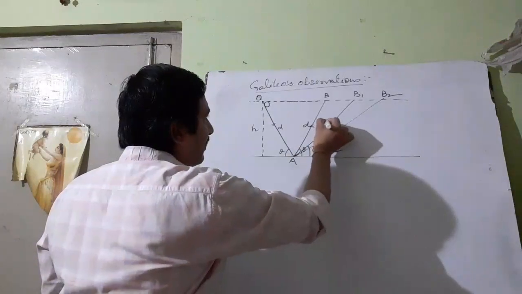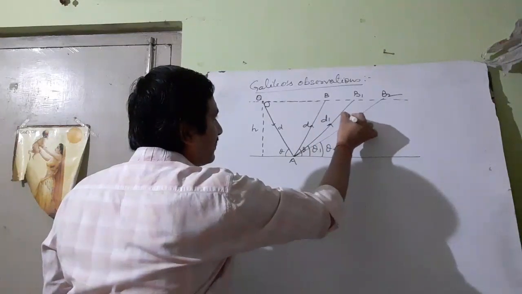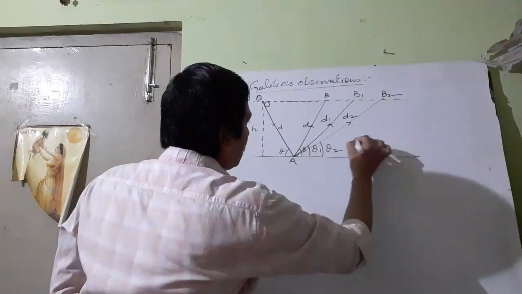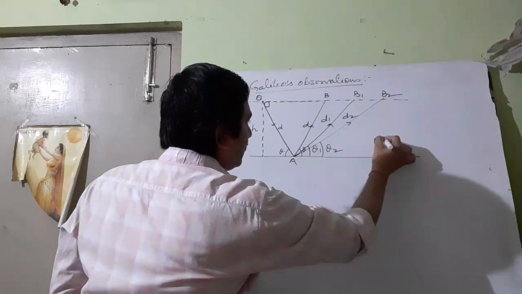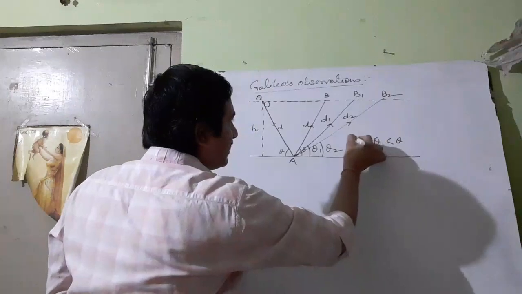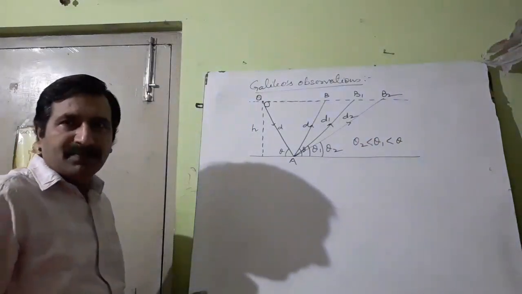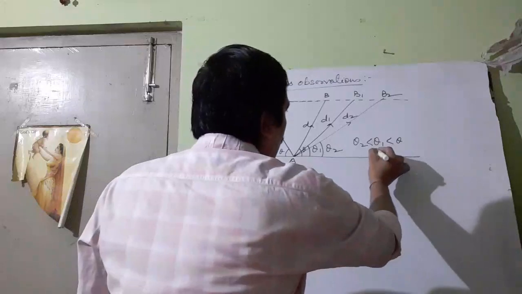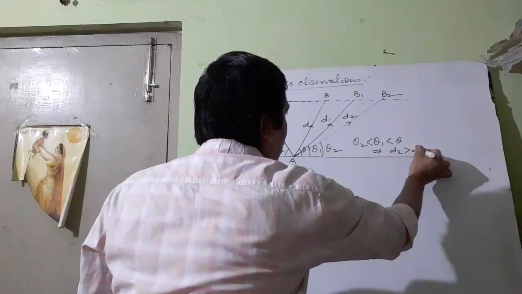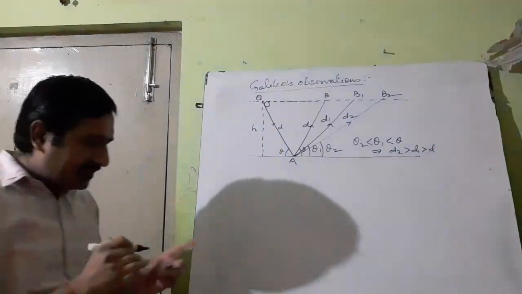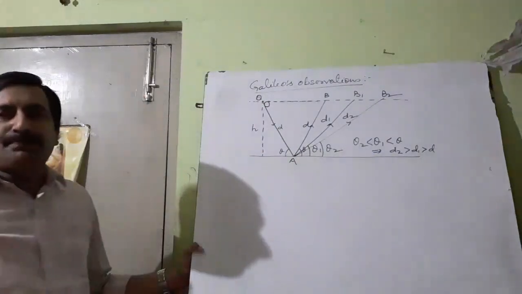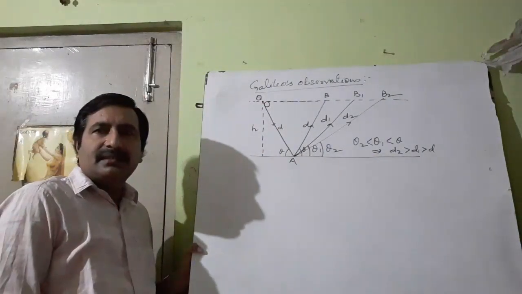Suppose the distance travelled in this case is d1 and in this case d2. You can observe that theta 1 is less than theta and theta 2 is less than theta 1, while d2 is greater than d1 and d1 is greater than d. This means if the angle of inclination is reduced, the distance travelled by the ball increases.